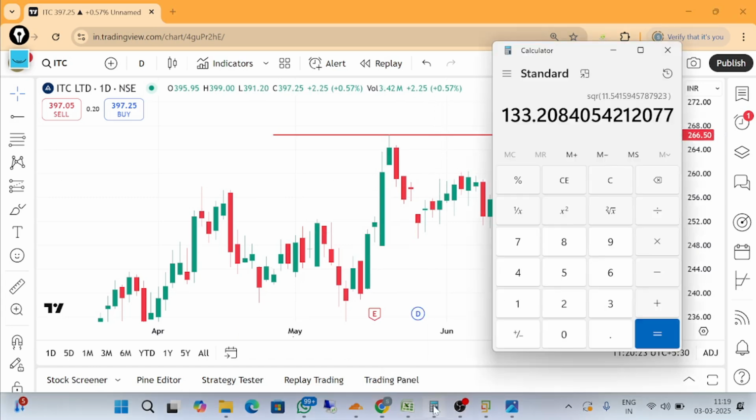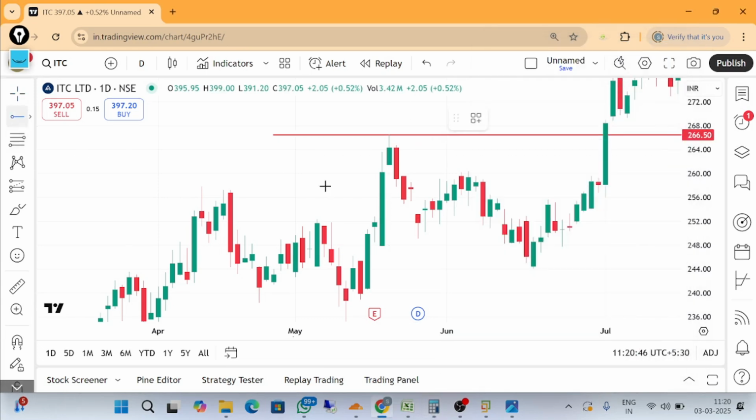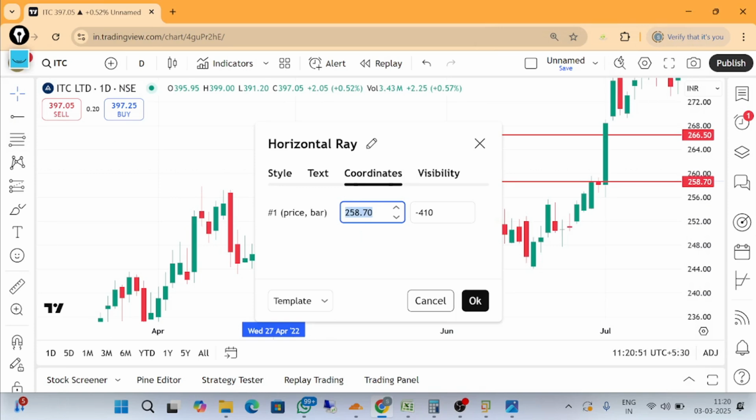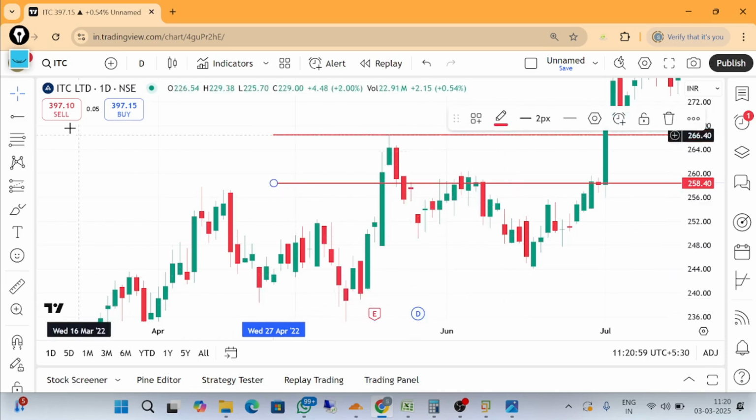Now let us take an example here. 266.50 square root minus 0.25 as 45 degree, squared gives 258.40. Now mark the level 258.40. Okay, this one is your 45 degree angle.